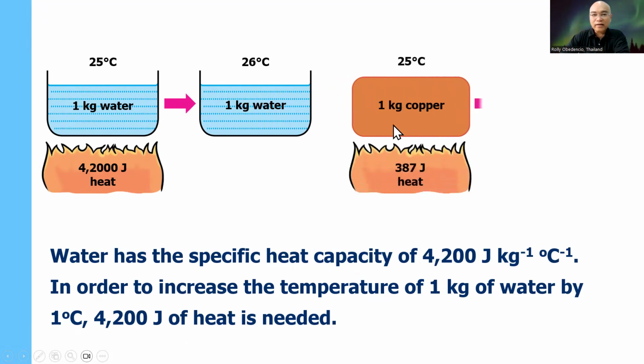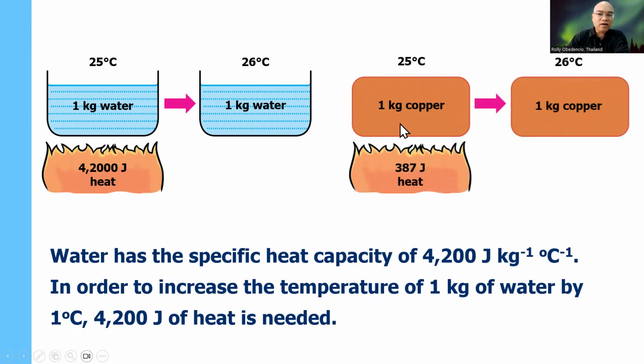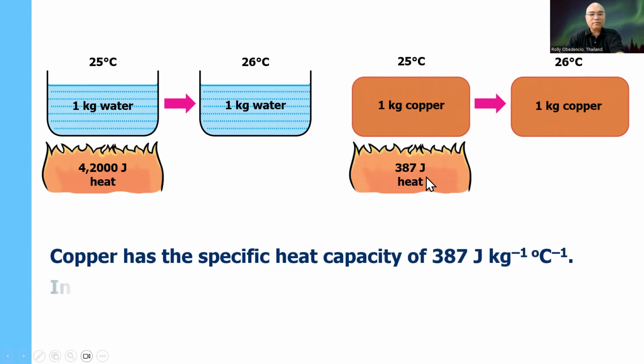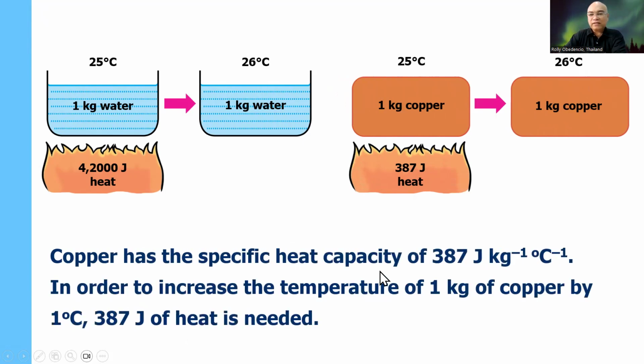So for 1 kilogram of copper, if you want to increase its temperature by 1 degree, you need 387 joules of heat. Is that clear now? Copper has a specific heat capacity of 387 joules per kilogram per degree centigrade.